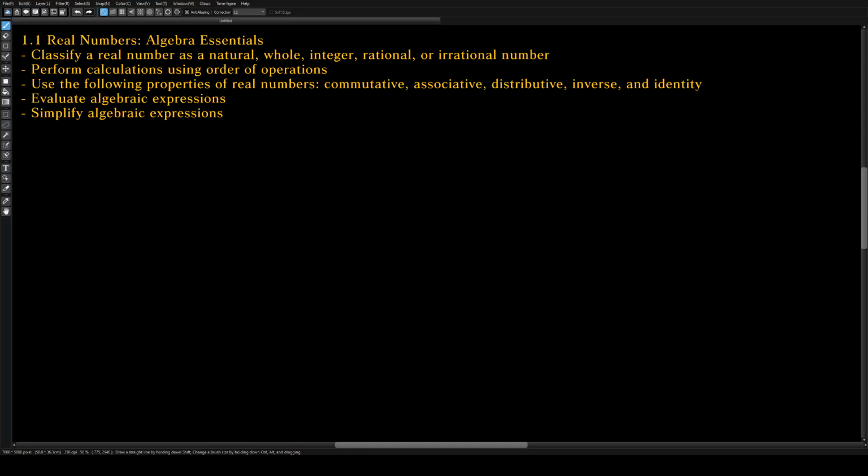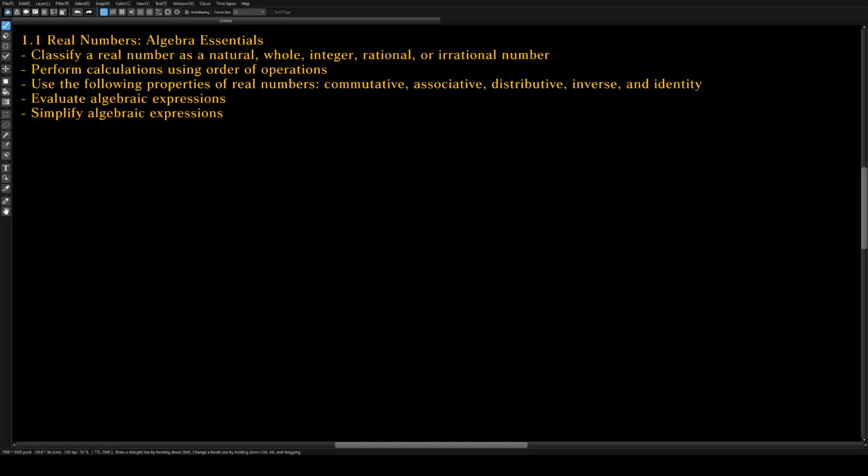We have the objectives. Classify a real number as a natural, whole, integer, rational, or irrational number. Perform calculations using order of operations. Use the following properties of real numbers: commutative, associative, distributive, inverse, and identity. And then we have evaluate algebraic expressions, and then we have simplify algebraic expressions.